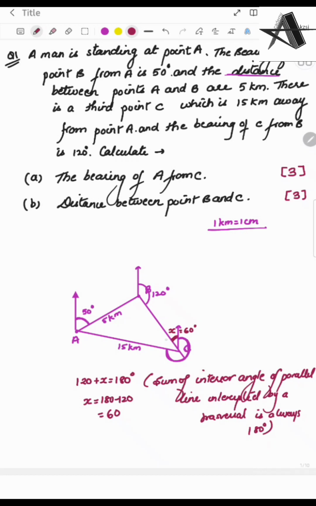Only I need to find this one. If I want to find this one, I can clearly understand this is an angle inside the triangle. If this is the angle inside the triangle, that means I have to move towards the trigonometry. This is not a right angle triangle, so I'm not going to use tan theta, sin theta, cos theta. Instead, this is a non-right angle triangle, so I have to apply either sine rule or cosine rule.